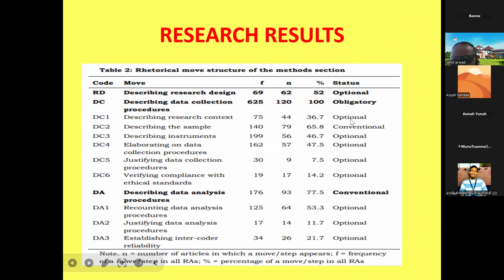Some are optional and some are conventional. Conventional is about 90%. 80%, 90% will be classified as conventional. Less than that will be considered optional. In move three, describing data analysis procedure, it is also conventional, while the steps are optional.